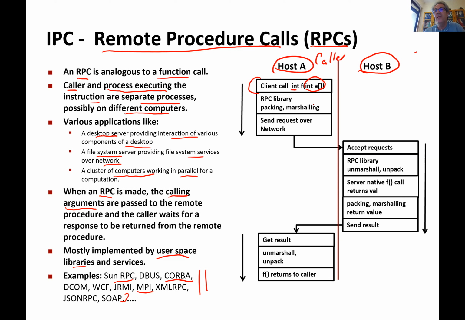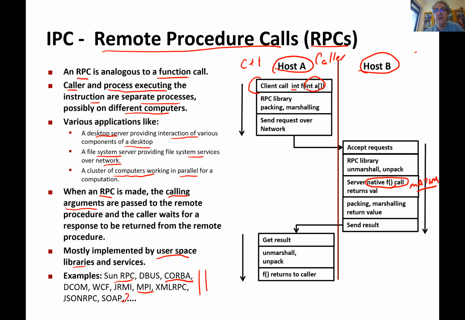And even the function that you call may be coded in a completely different language. For example, your call here can be your C++ code, whereas this native function call that you execute can be, for example, MATLAB. So this is all possible.